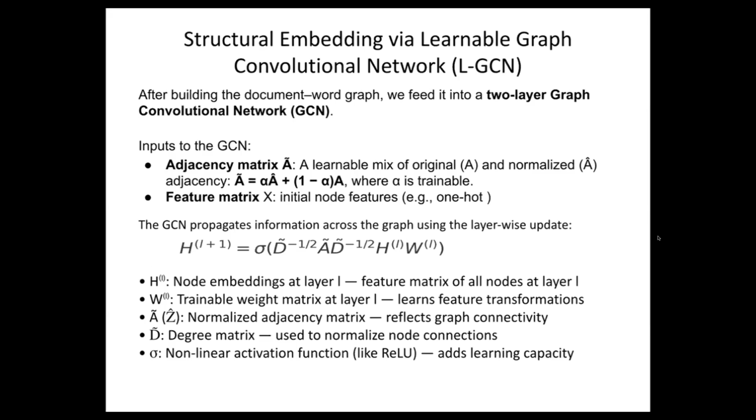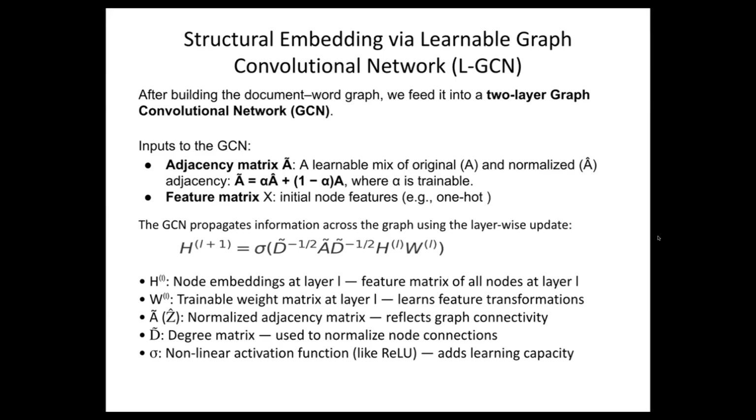Now we have seen how the graph is constructed with local and global relationships. Let's see how we can pass this graph to the GCN. We feed this document-word graph into a two-layer GCN network. This step is crucial because it lets us go beyond simple graph structure, and we start capturing how information flows across the entire graph, enabling rich document representations.